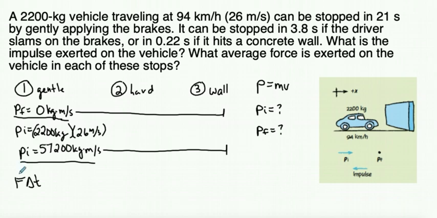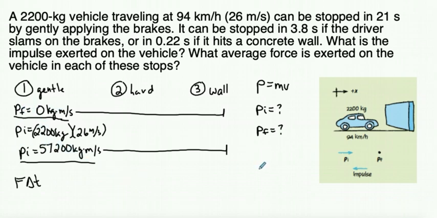Oftentimes impulse comes into play when you have vehicles crashing, vehicles stopping, two objects crashing with each other. We want to figure out the average force exerted in that time. Alright? So in general, the impulse is equally exerted on both objects, but what can change is the momentum, right?